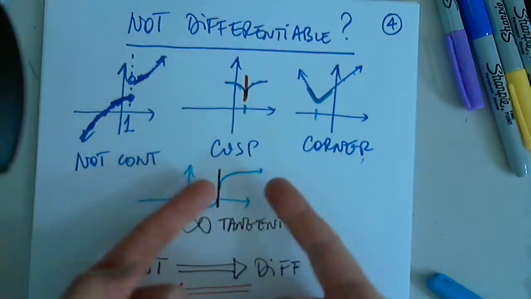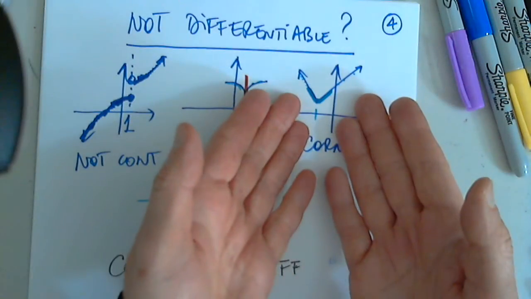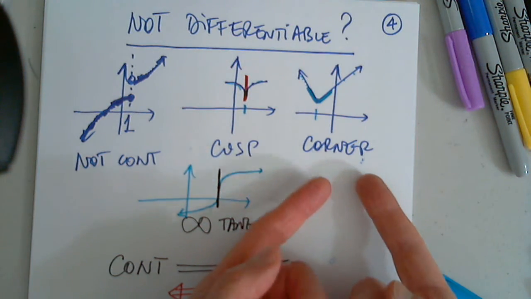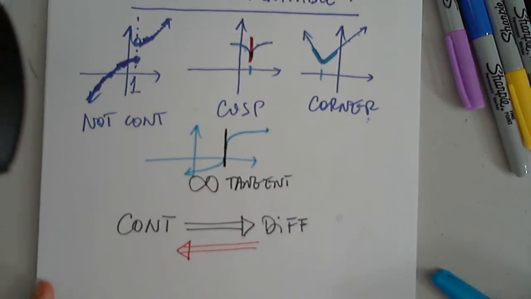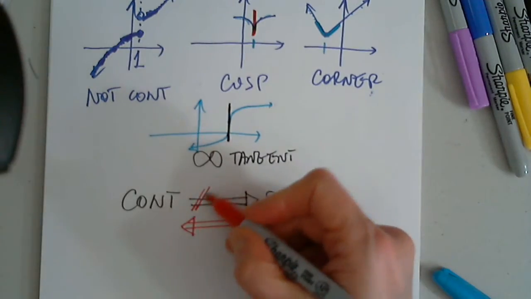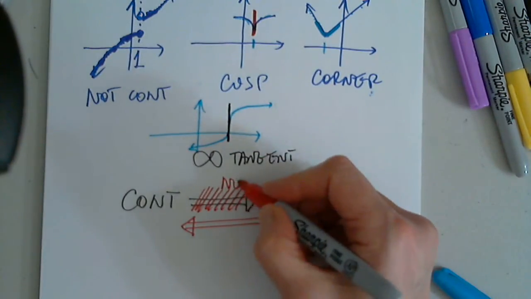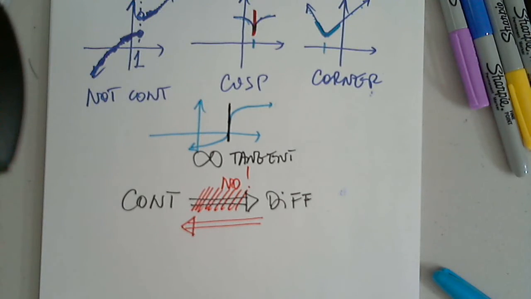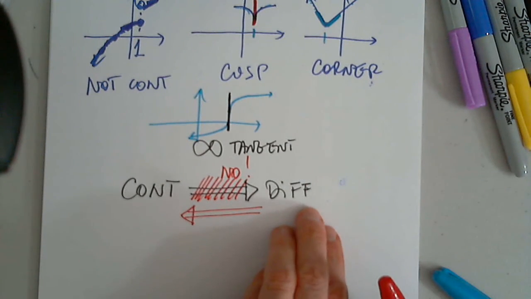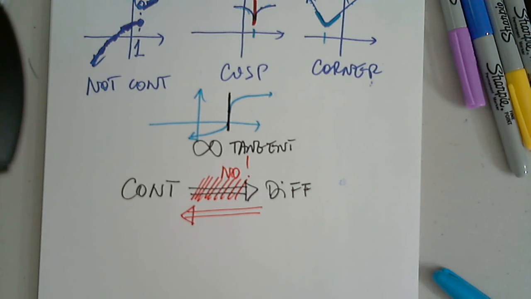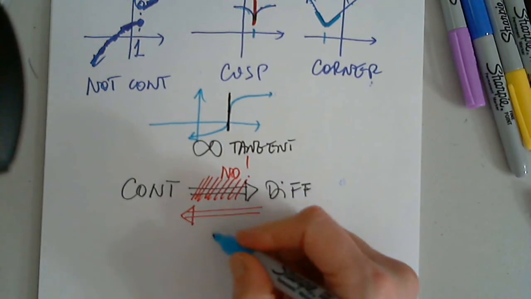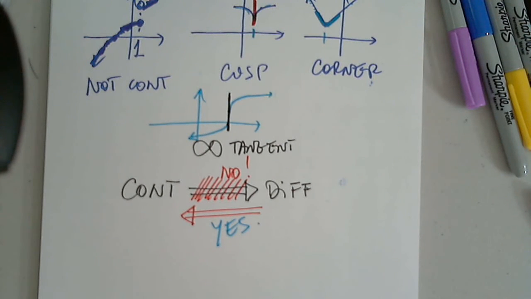Continuous everywhere, not differentiable. So no way. But if I know that the function is differentiable, can I conclude that it must be for sure continuous? Yes. It's a must. Very good.